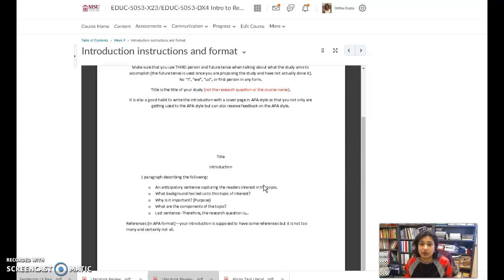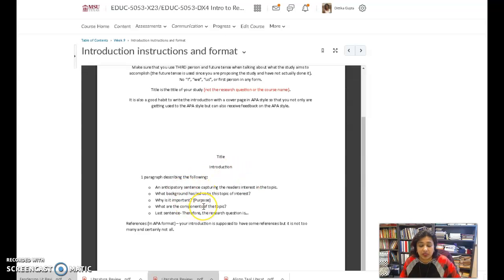Why is it important? Why are you doing this research? I could say this research is on math manipulatives because it is important to gauge how students interact with those manipulatives for meaningful learning. This research is going to add to the literature base on manipulatives.